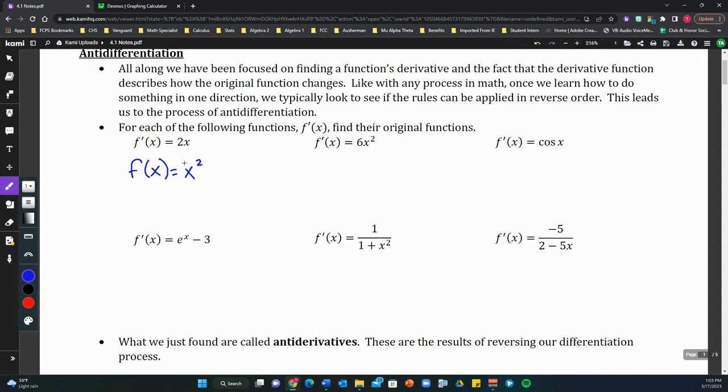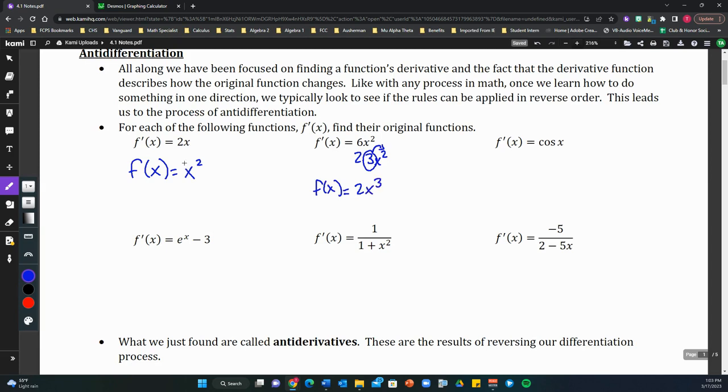Next one, if I ended up with f prime of x equals 6x squared, well, x squared is the derivative of x cubed, so there had to have been some kind of power rule, and the old power was 3, so we could think of this as 2 times 3x squared. This 3 really just goes back up top and becomes the old exponent. So in this case, we could have started with the function 2x cubed.